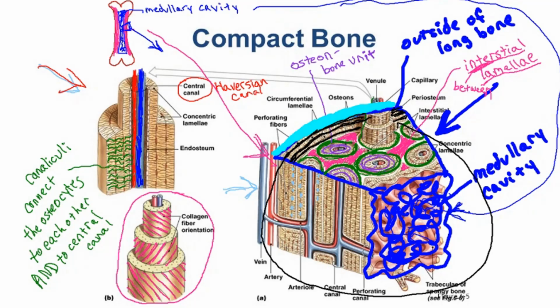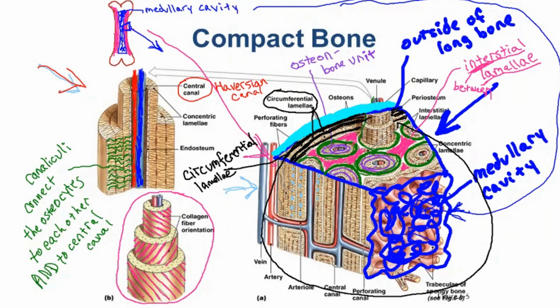So that's why we call them the circumferential lamellae, because they're sheets of lamellae that run around the entire circumference of the bone. And oh, I just saw it already typed up here, circumferential lamellae. So that would be these layers of lamellae, these flat sheets of lamellae that are not forming osteons, that are just running around on the outside of the bone like a shell.